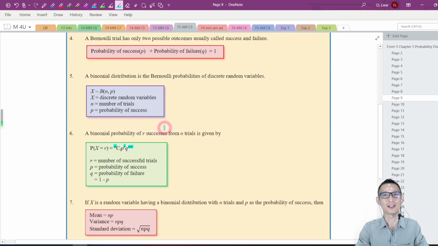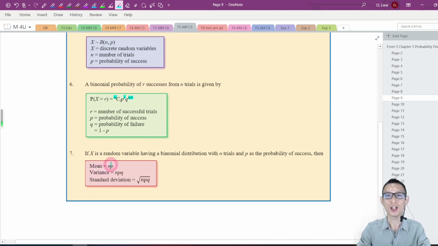In this video, let's look at how we find the mean, variance, and standard deviation for a binomial distribution. These are the three formulae that you need to remember. Mean is equal to np. Variance is equal to npq, and the standard deviation is equal to the square root of npq.